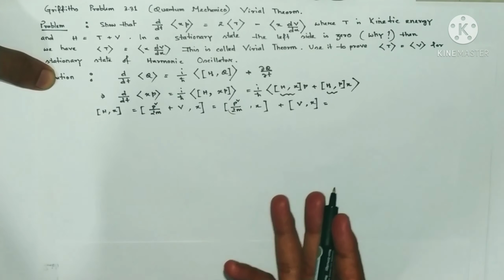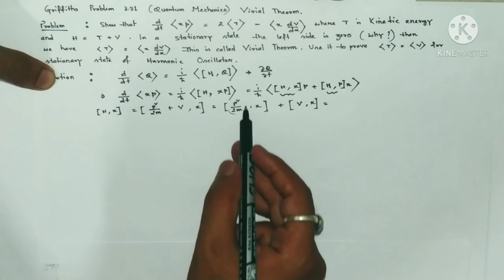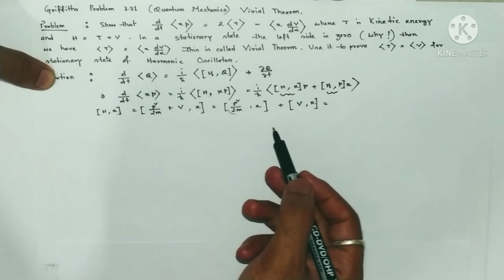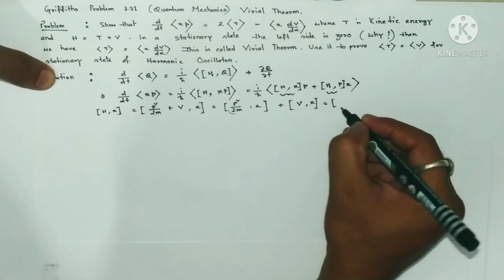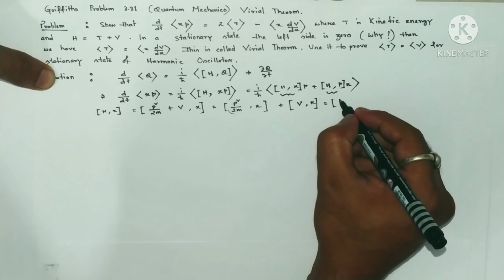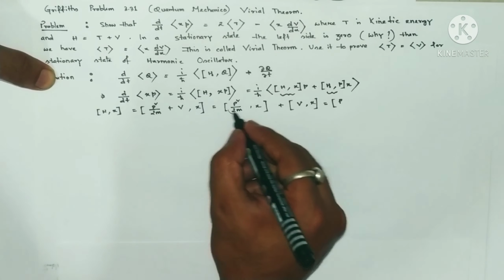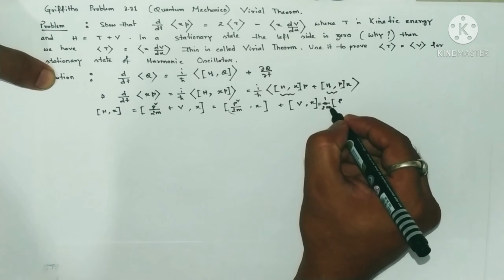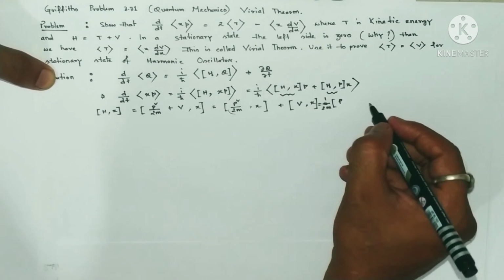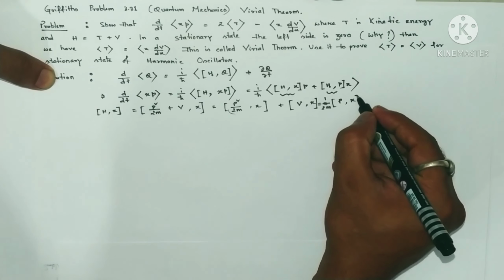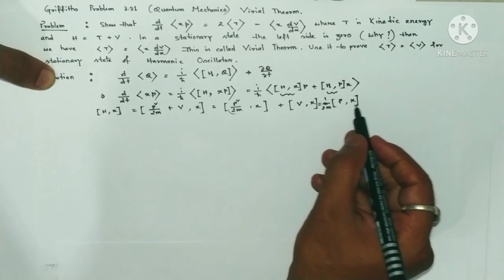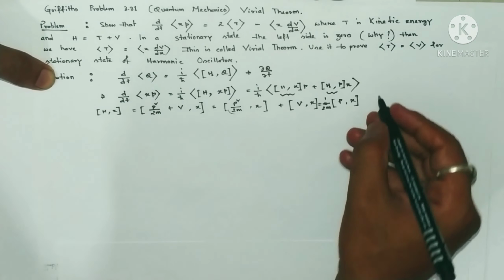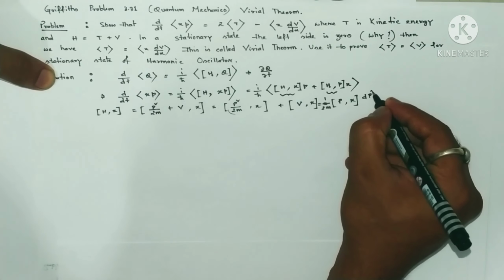In my earlier videos I already discussed this. When we have a function of p or x, we can write it like this. It is a function of p, so we write it as p, and 2m is constant, so 1/2m we can take out. So 1/2m, we write p, and in place of x we write x, and then we differentiate this p squared, or function of p, with respect to p itself.